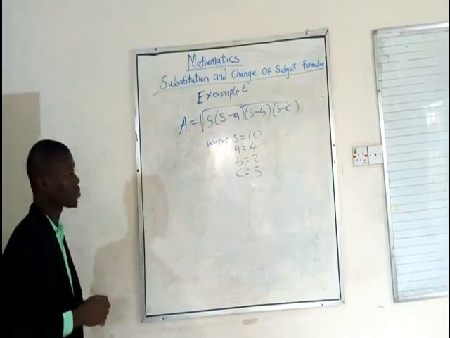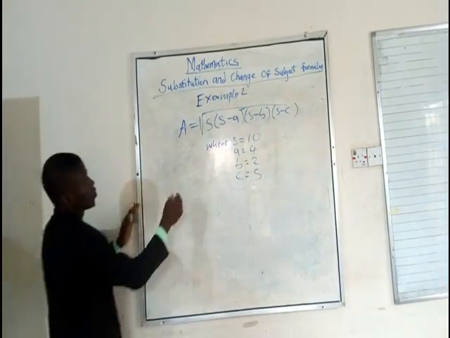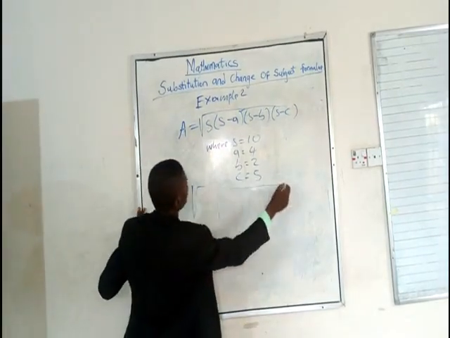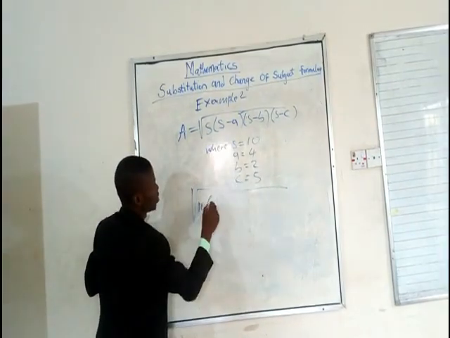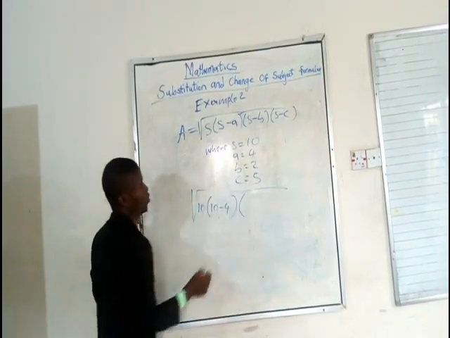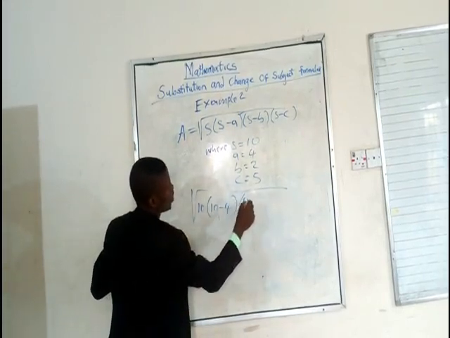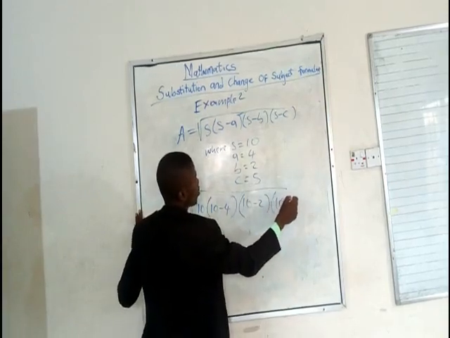Let's start. The root first: s is 10, so bracket 10 minus 4, close the bracket, open bracket 10 minus 2, close the bracket, open again 10 minus 5.